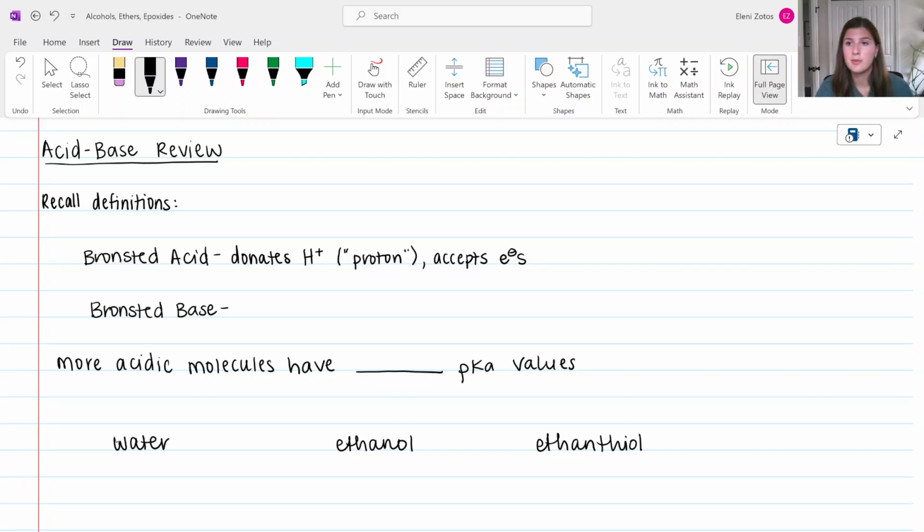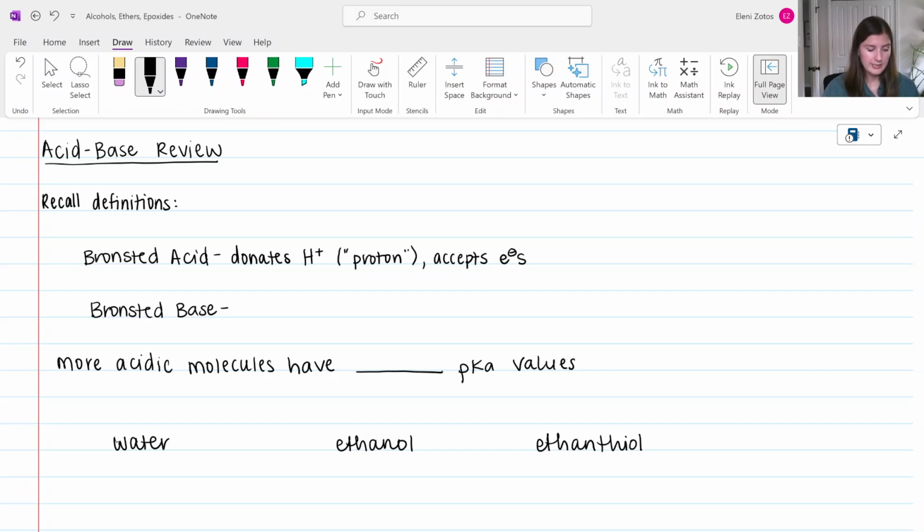So typically we see this where the acid molecule has a bond to an acidic hydrogen. The hydrogen will be removed by the base, so it's donating the proton, and then the electrons in the bond between the acid molecule and the proton that's removed will then be owned by the acid molecule.